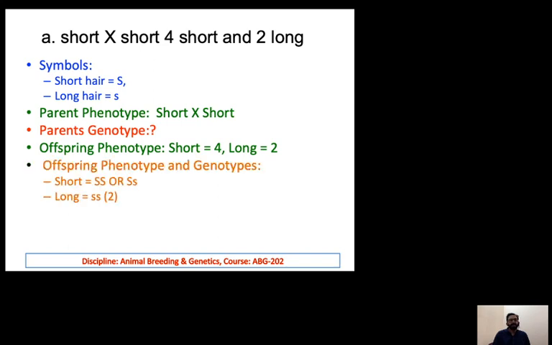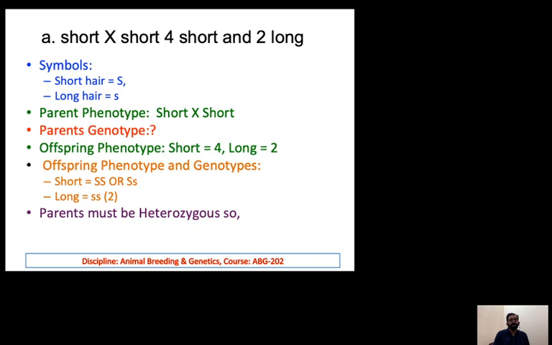The offspring phenotype and genotypes possibly could be short. It is dominant, so either both of them could be dominant allele, or it could be heterozygous with the capital S and small s. Long hair, there are 2 progenies, and they definitely are small s. Now this cross demonstrates the parents must be heterozygous.